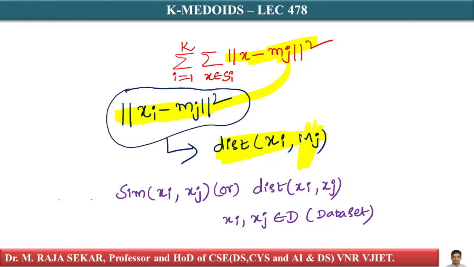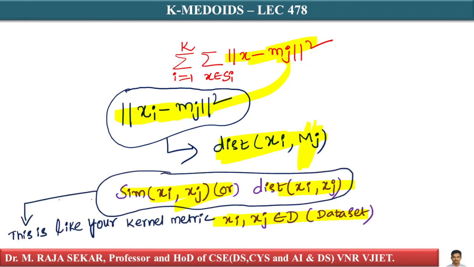If somebody gives you a similarity value or distance value for every pair of points, that is, for every xi comma xj belonging to D, where D means the data set, this is like your kernel matrix in support vector machines, because a kernel matrix is nothing but a similarity matrix between every pair of points.